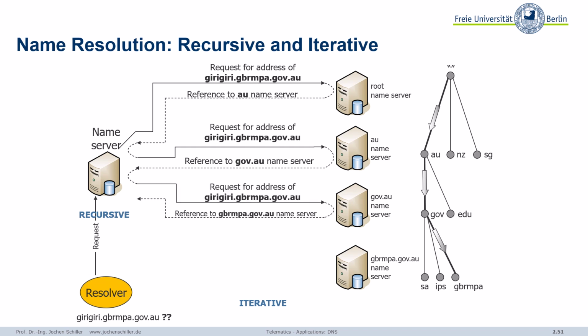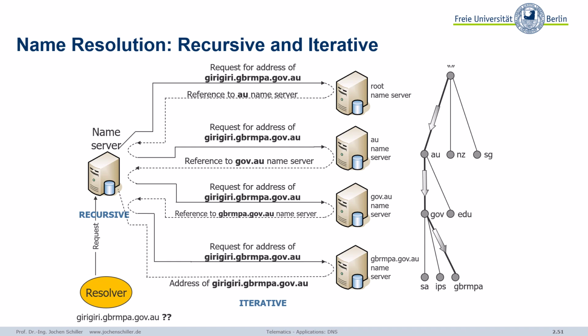And then you can imagine how it continues. Well, at least the AU name server gives us the responsible for government, and then this gives us responsible for whatever at the government. And then this name server finally has then the address. So here, the last step in this example, we get the real address.